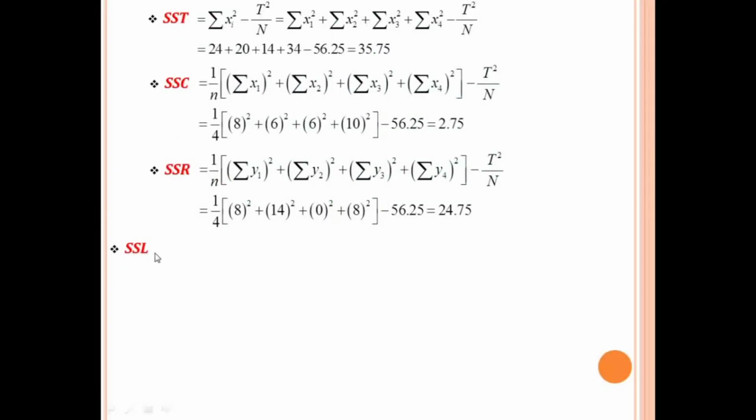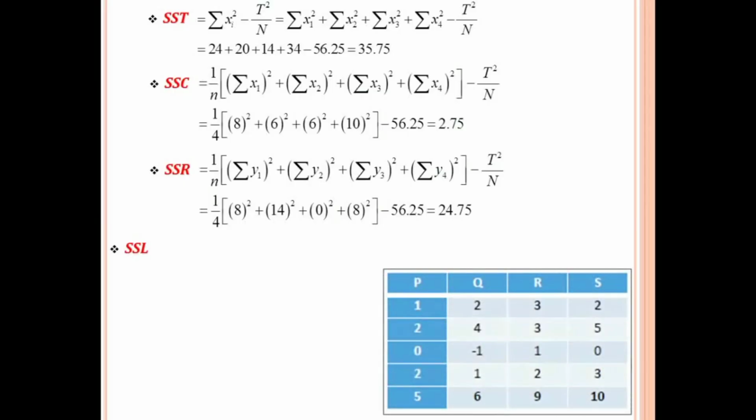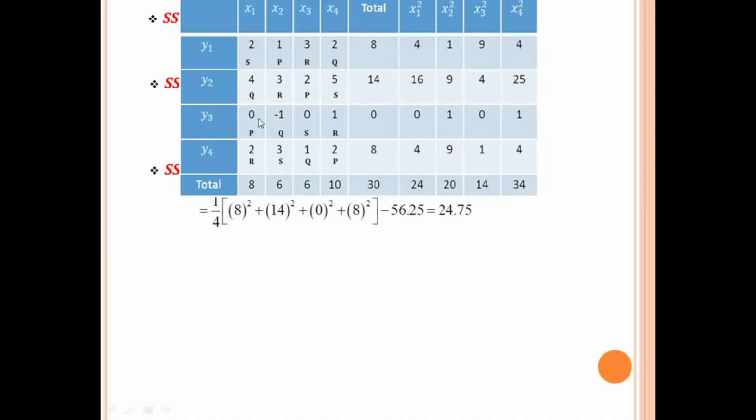Next, we find SSL. What is meant by L? L is nothing but between the letters. So from the given data, we arrange the letters row wise. First we arrange the P values.